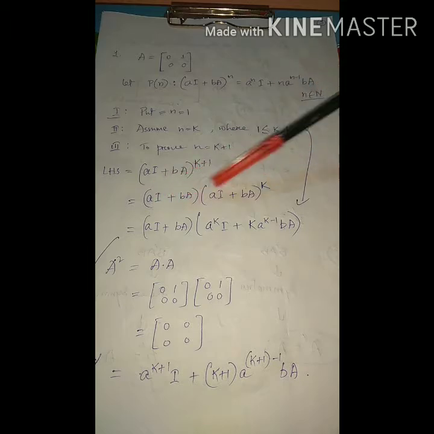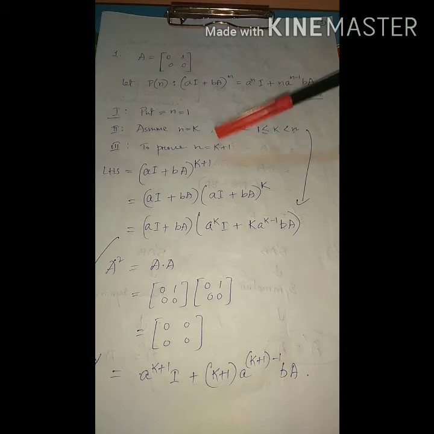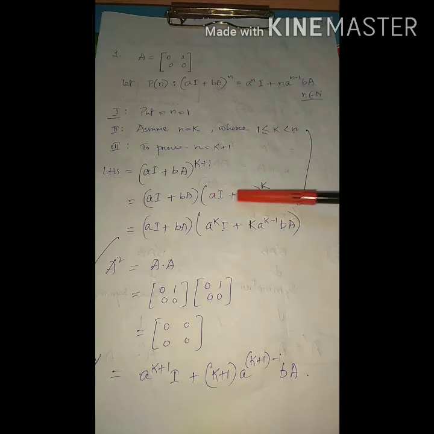So (aI plus bA) to the power k plus 1 separates into (aI plus bA) and (aI plus bA) to the power k. Now we put the result from equation 2 in place of (aI plus bA) to the power k.